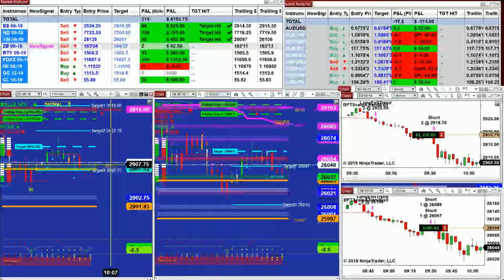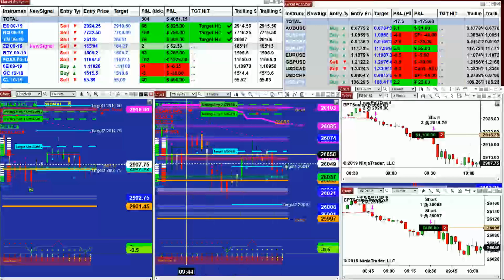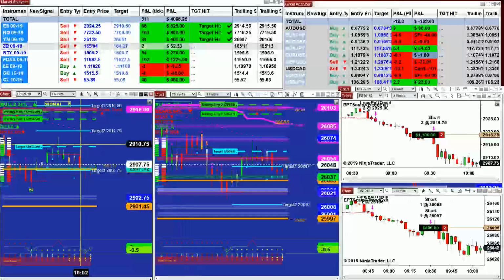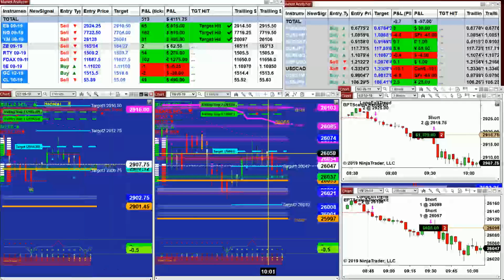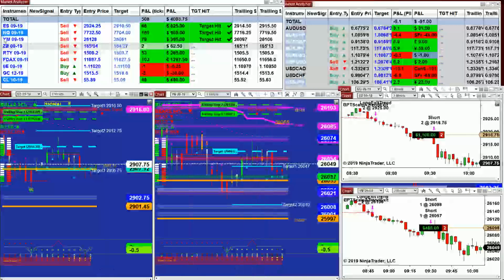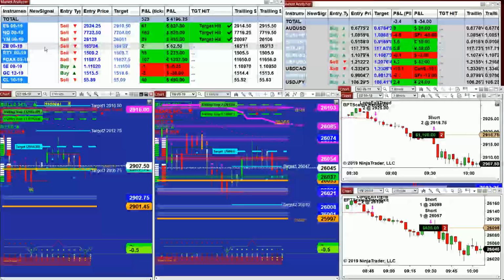You can see the impact immediately on the ES, YM, and NASDAQ. There is a direct impact after we have the sell position on the 30-year Treasury bond.